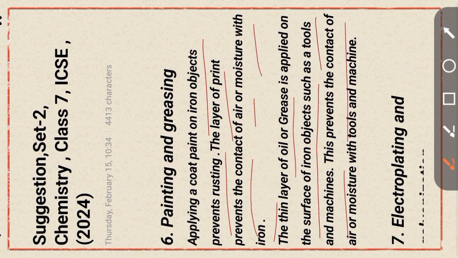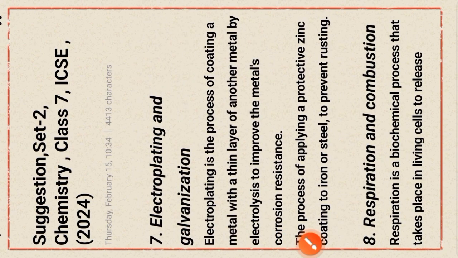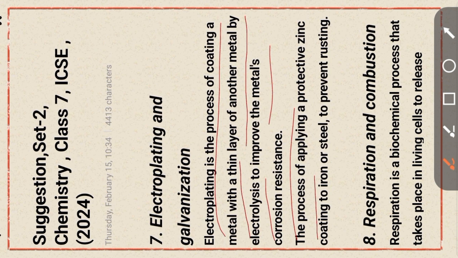This prevents the contact of air or moisture with tools and machines. Next, the difference between electroplating and galvanization. Electroplating is the process of coating a metal with a thin layer of another metal by electrolysis to improve the metal's corrosion resistance. Galvanization is the process of applying a protective zinc coating to iron or steel to prevent rusting.